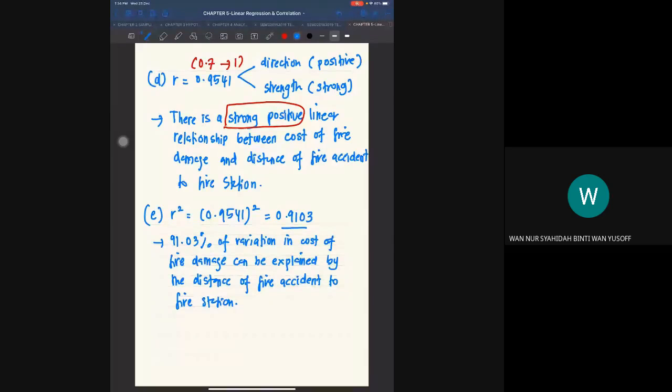The most important thing is that the word variation must be there, compulsory, in Y. In general, you will have variation in Y that can be explained by X. Any questions so far?